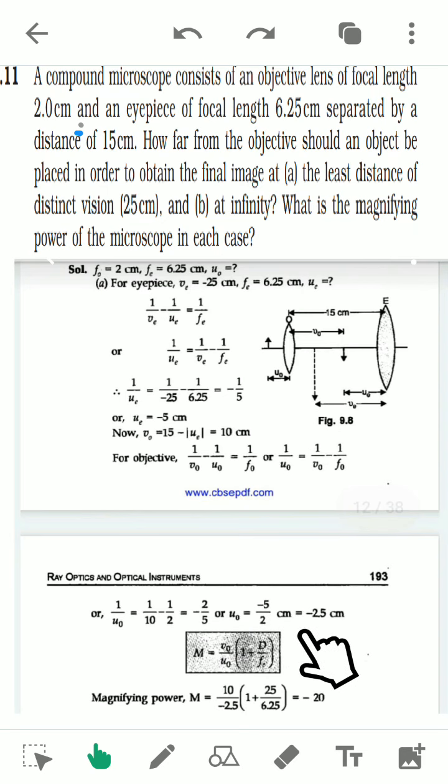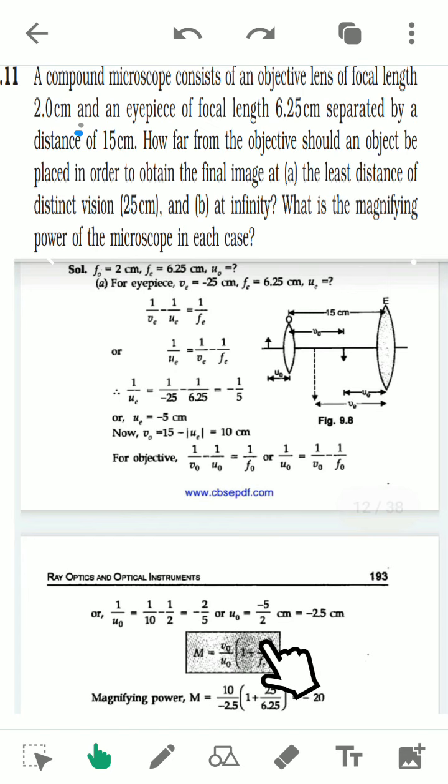Now we have to calculate magnification. The formula you already know, VO by UO into 1 plus D by FE. VO is the image distance from the objective lens, UO is the object distance from the objective lens, D is the least distance of distinct vision, FE is the focal length of the eyepiece.